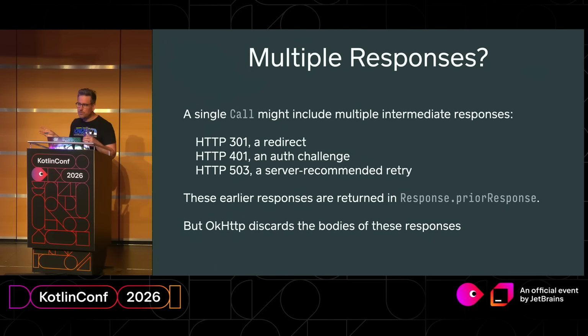And it's possible that the redirects themselves are accessible through our API. So you can say, I got a response from calling kotlinconf.com, and then you call .priorResponse to get another response object. That response object does not have a body because you don't care. But OkHttp's response body type is nullable because it could be that case.